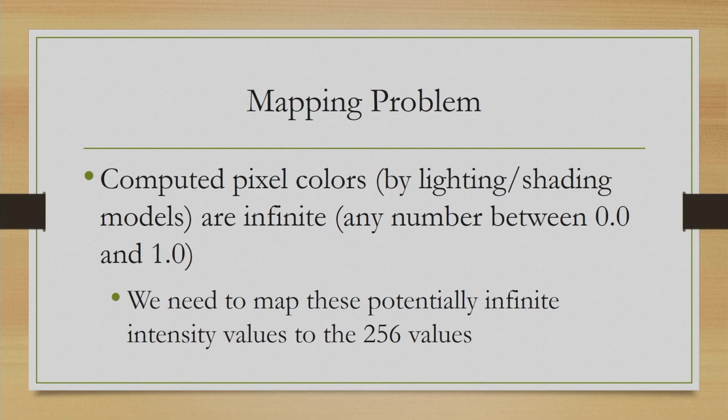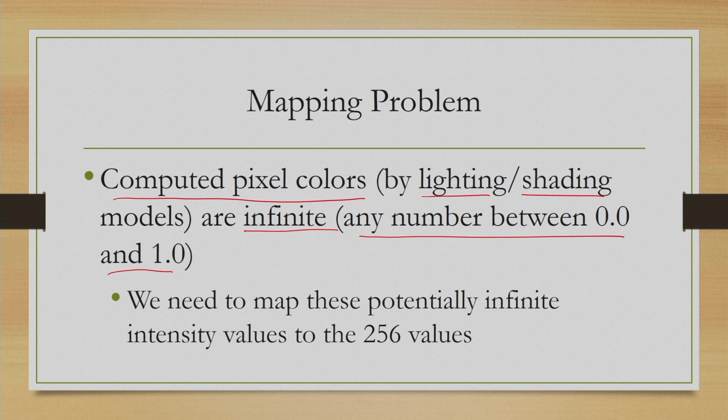On the other hand, when we are computing the pixel colors, there is no such restriction. We can compute any value, any number between 0 and 1. So, that is essentially an infinite range of values. Note that this computation takes place with the help of lighting or shading models.